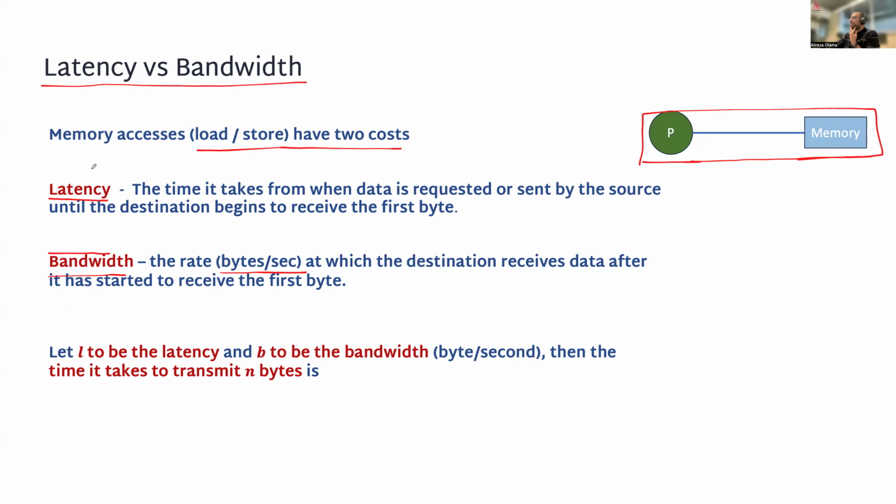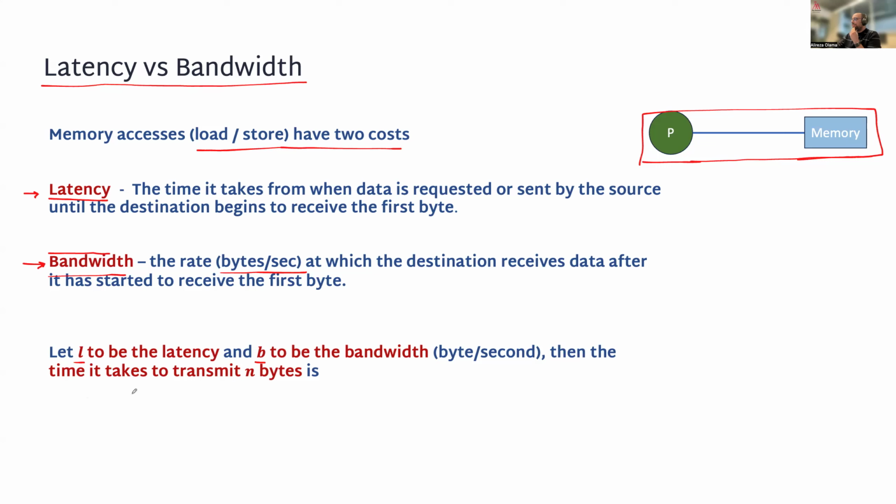So when you want to get data from memory to the CPU or send data from the CPU to memory, these two factors are very important to know how much time you need to send or receive the data, right? So assume L is our latency and B is our bandwidth.